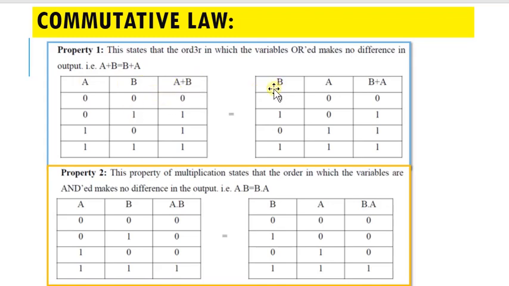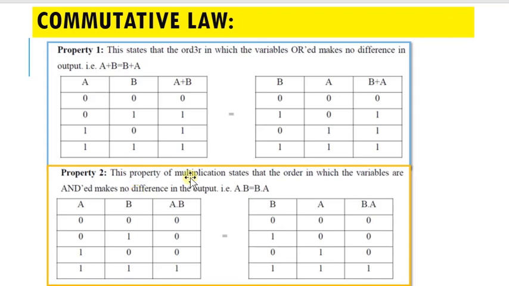Then we have taken b and a and performed the b plus a operation. If you observe, the result obtained on performing a plus b is equivalent to the result of b plus a. So this says that irrespective of the order of the variables that are ORed, your result will be the same. Coming to the second variation of the property, that is in terms of AND.